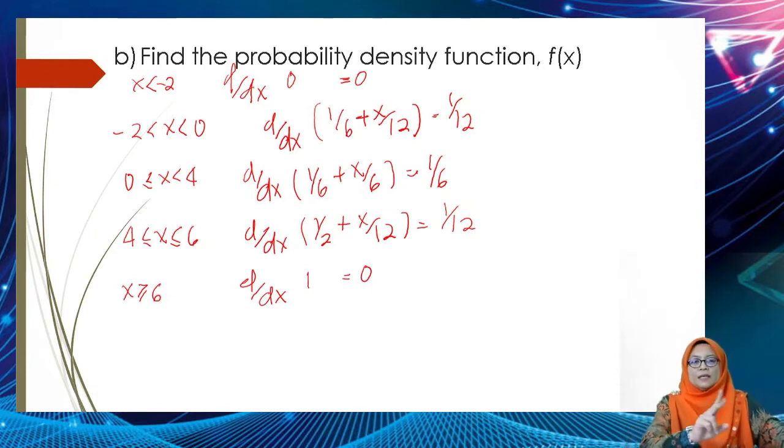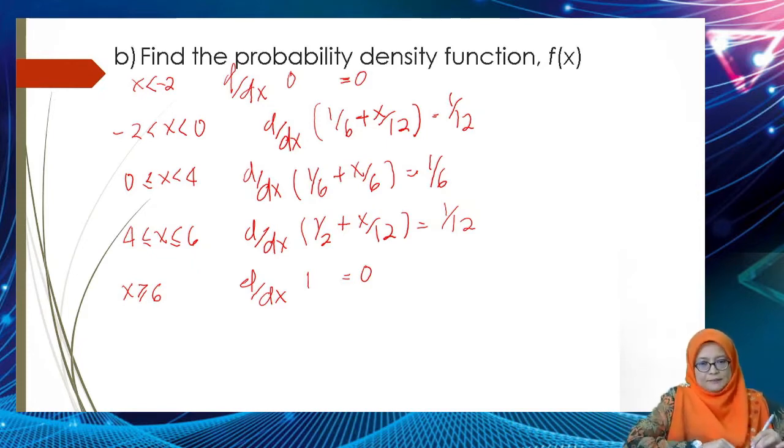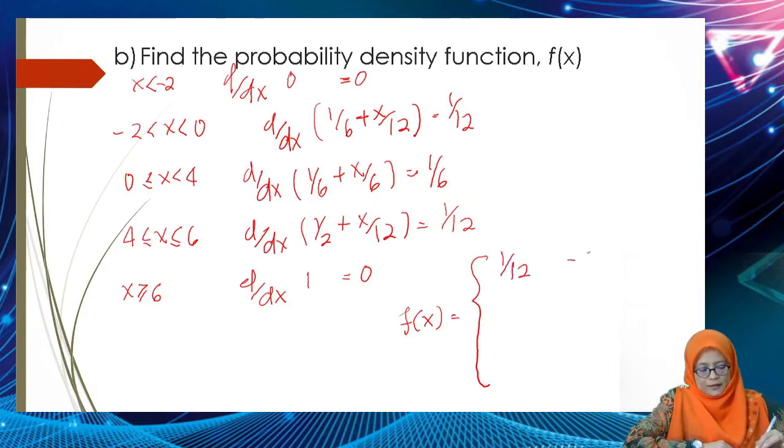Okay, so bila kita dah cari semua nilai bila kita dah differentiate semua function untuk setiap interval, so kita akan tulis balik dia punya function. Jangan just cari je. So tulis balik kita punya function ni. Okay, so 1/12 for interval -2 until 0.